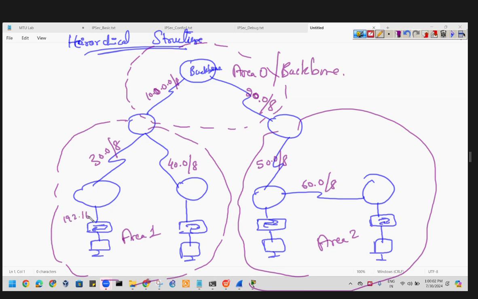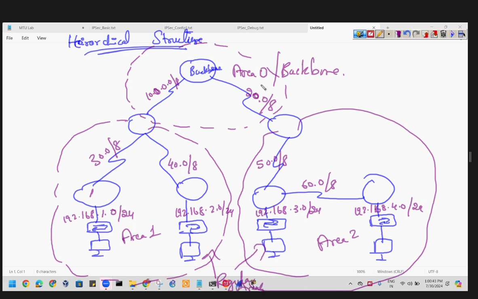Here I'm using 192.168.1.0/24, 192.168.2.0/24, 192.168.3.0/24, and 192.168.4.0/24. The routers that are inside the regular areas, area 1 and area 2, these are regular areas.